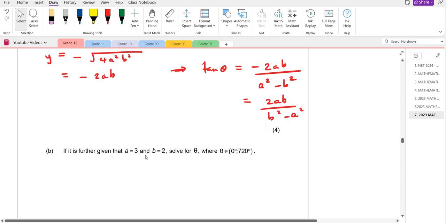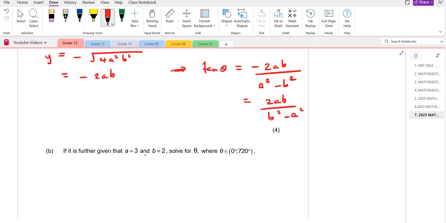Or we can just use the, if it is further given that a equals 3, b equals 2, solve for theta, so we can just use the tan, right? So we can say tan theta equals, let's use the original one, minus 2ab, a is 3, b is 2, divided by a squared minus b squared, 3 squared minus b squared, which is 2 squared, right?